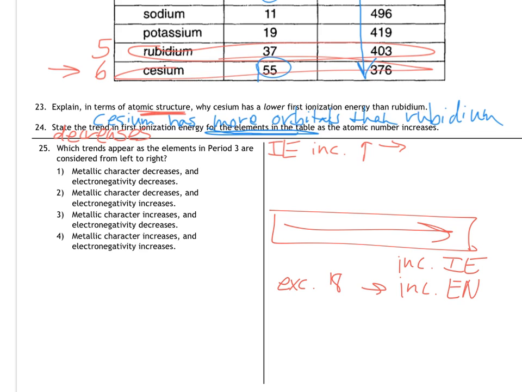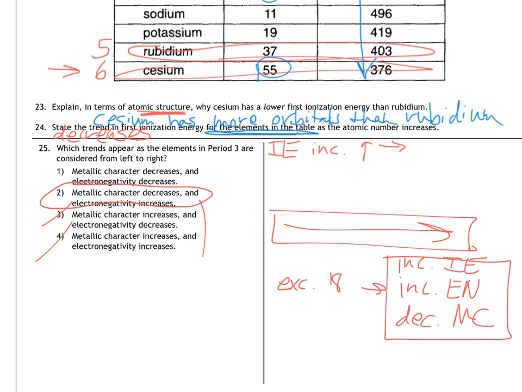So I'll say except group 18. You'll also get a decrease in metallic character. So with those 3 things, we can answer the question. So if you're going from left to right, metallic character will decrease, so it could be 1 or 2. And electronegativity will increase generally. But remember, exception is noble gases.